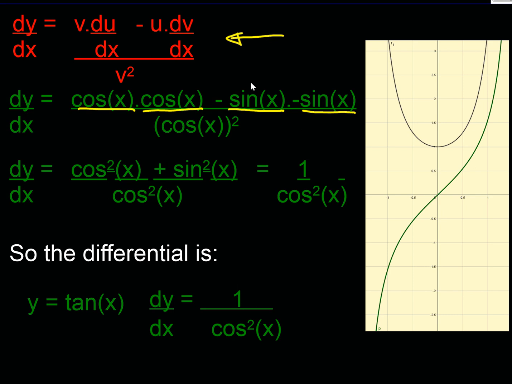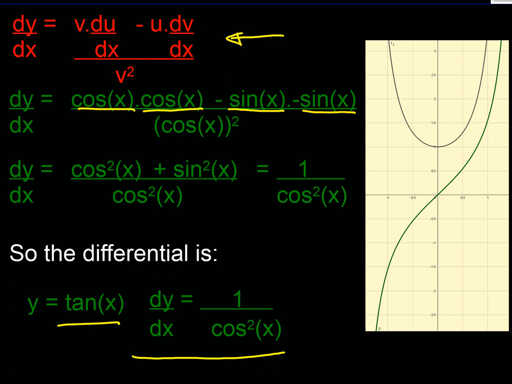So what we can see is that we end up with cos squared plus sine squared on the top, and the denominator becomes cos squared of x. Well, we know that cos squared plus sine squared always equals 1, so we now know that the differential of tan of x, dy by dx, is 1 over cos squared of x.